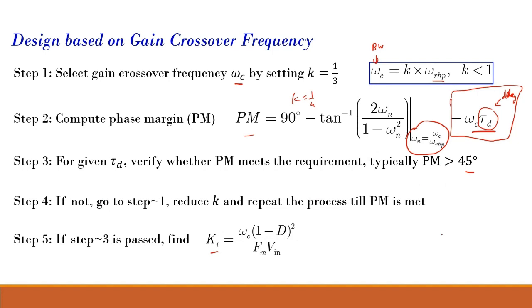We are normalizing just to simplify our design; it looks neater. The phase margin is found at the crossover frequency, so that is why we put omega equal to omega c and substitute into this equation. This is the bandwidth.